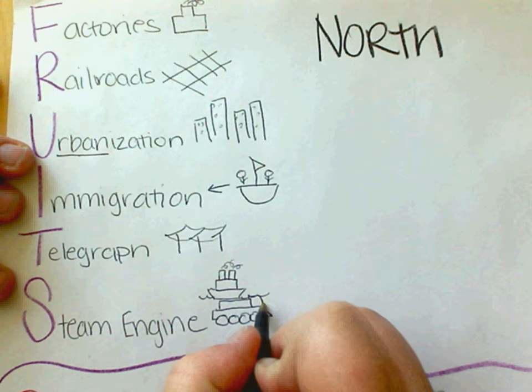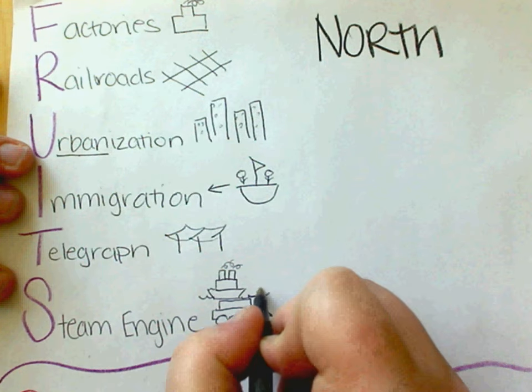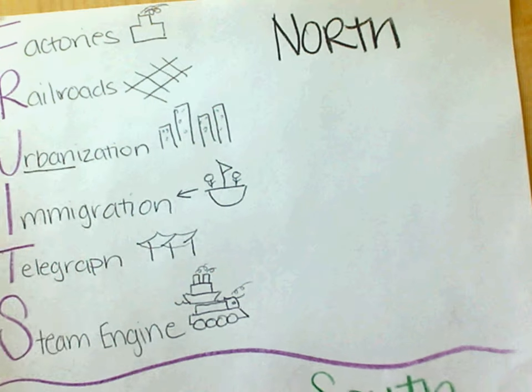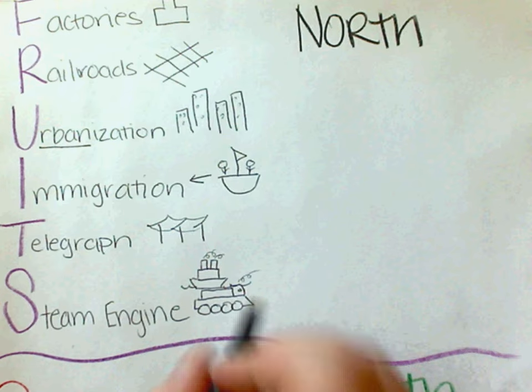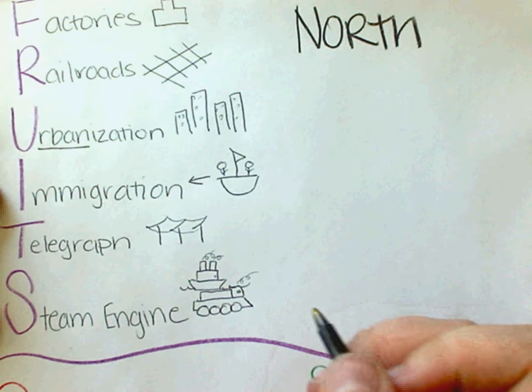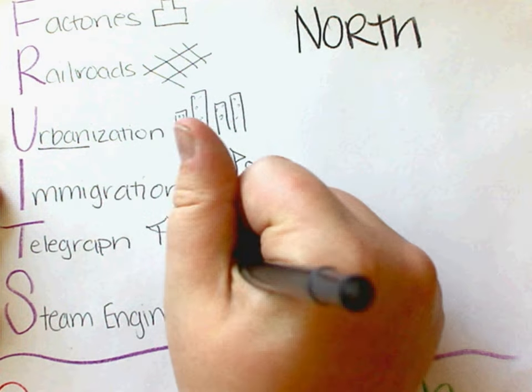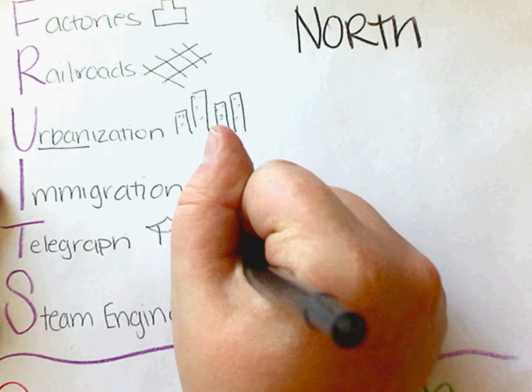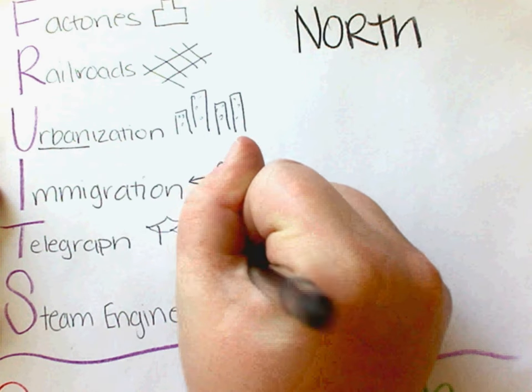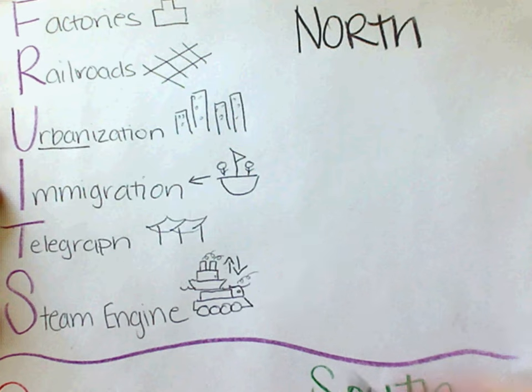Look, it's a steam locomotive. Choo-choo. Again, steam locomotive, and the steamboat. Now the steamboat is going to allow for travel up and down the Mississippi River, which is going to change trade a lot.